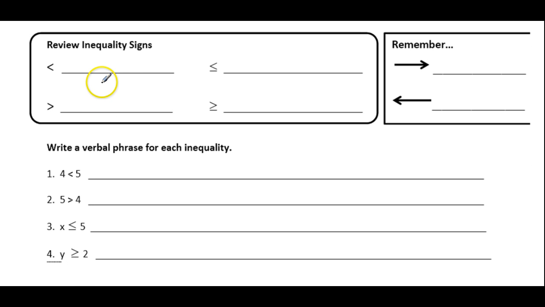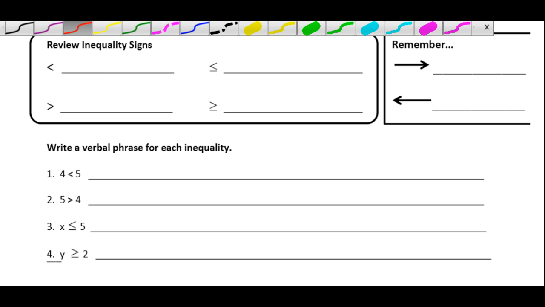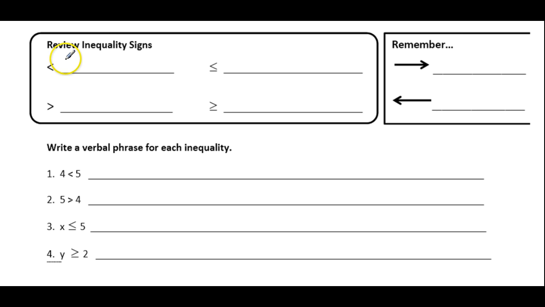You probably remember this from when you were younger, but just to refresh our memories, when the arrow is pointing to the left, this represents less than. When the arrow is pointing to the right, greater than.